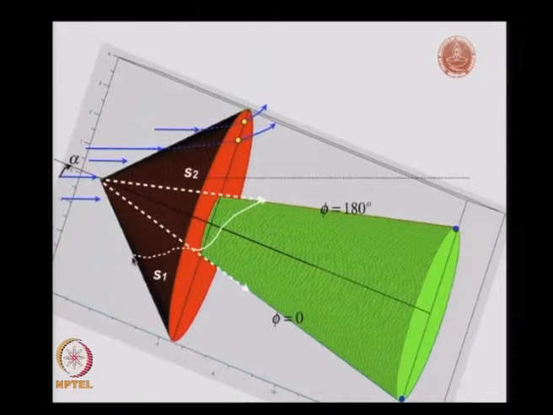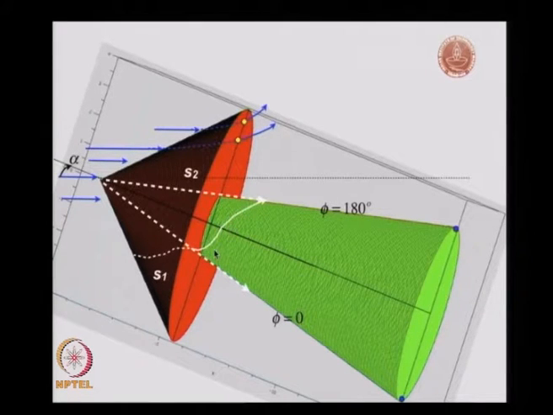As we said, when it goes through this shock, it encounters an entropy of S1. So it will go from here with an entropy of S1, and then curl up and go here.